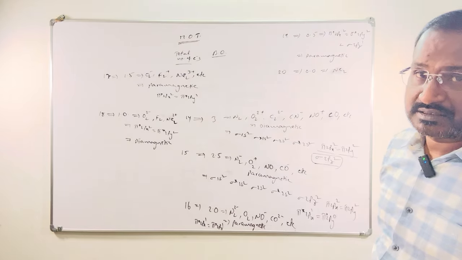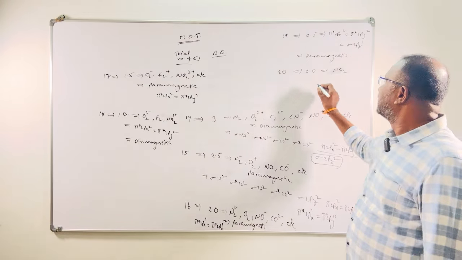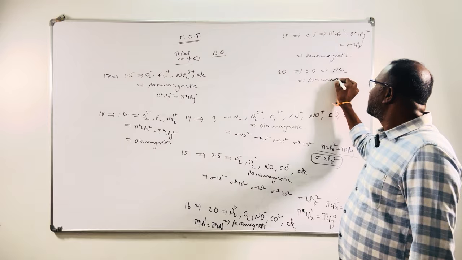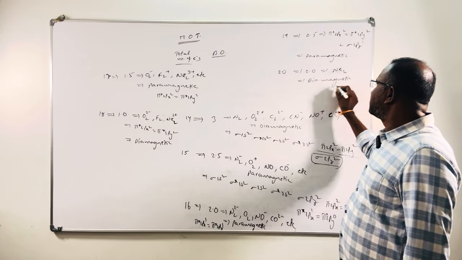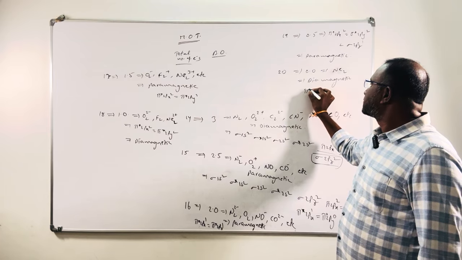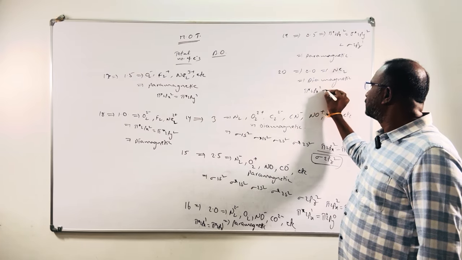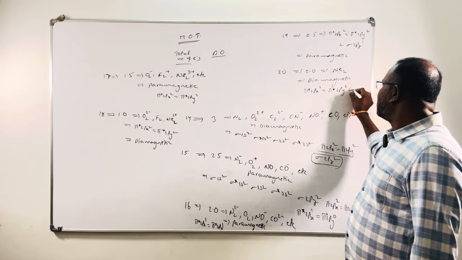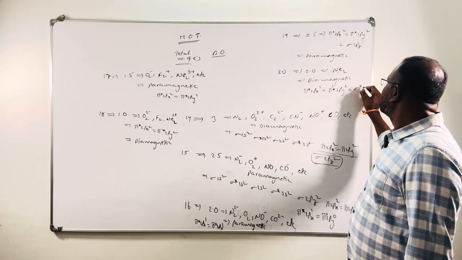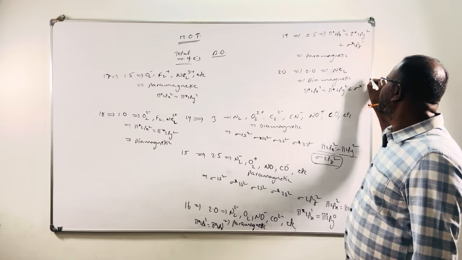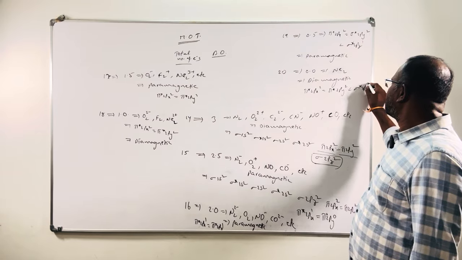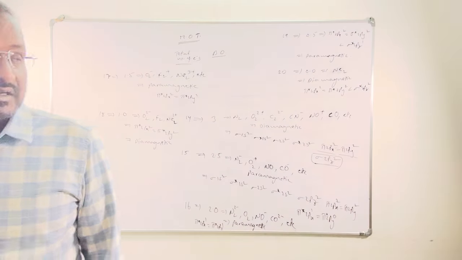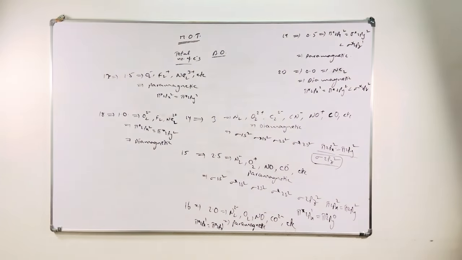It is diamagnetic. Why? The last configuration is pi star 2px2 equal to pi star 2py2, less than sigma star 2pz2. So here no unpaired electron, that's why diamagnetic.